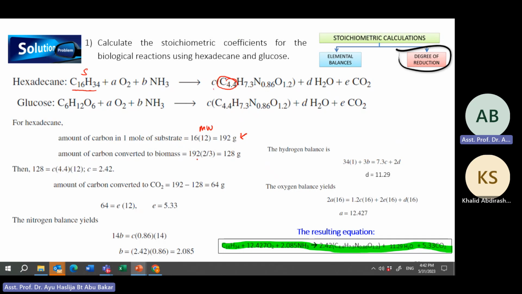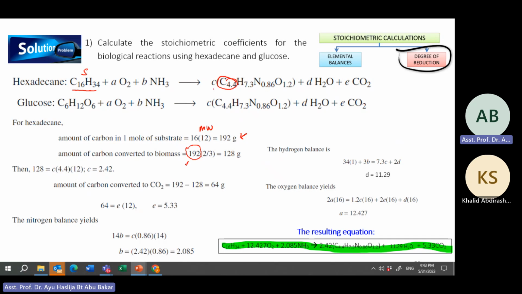Now from the statement just now, it is 2/3 from substrate converted into biomass. So we can use that statement. The carbon in the biomass is 2/3 from the substrate.